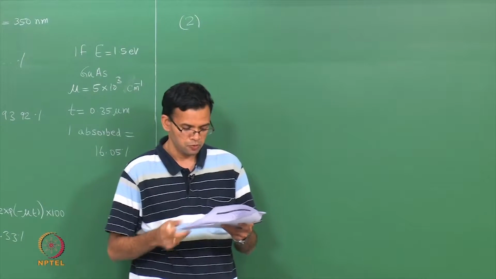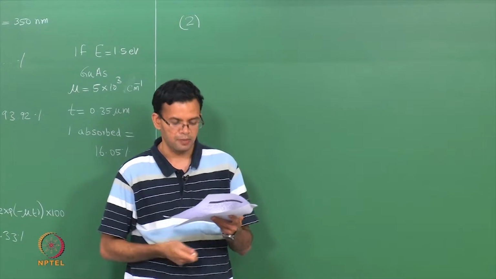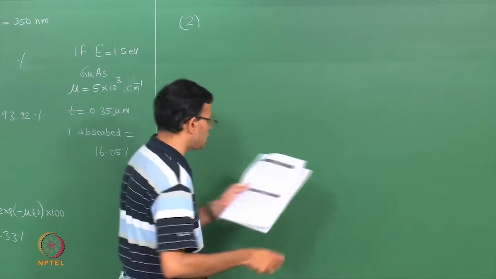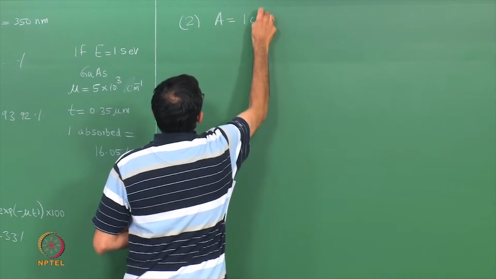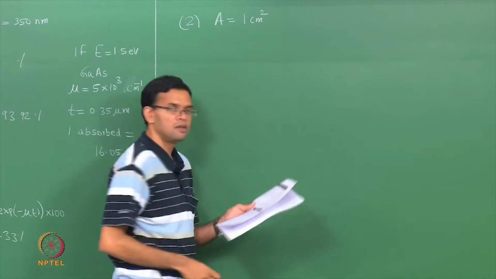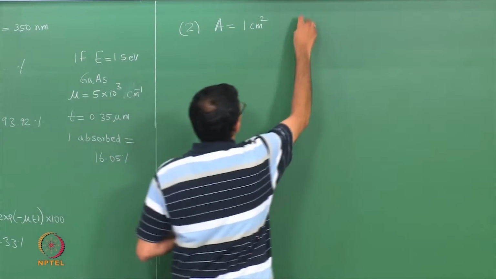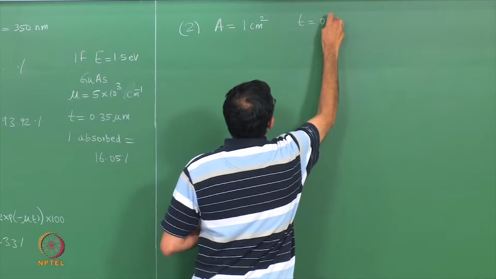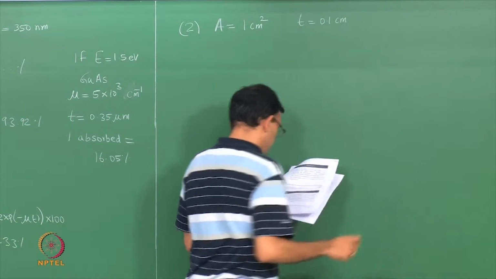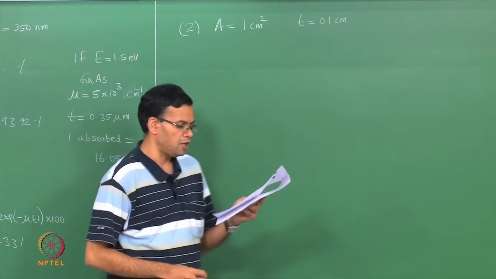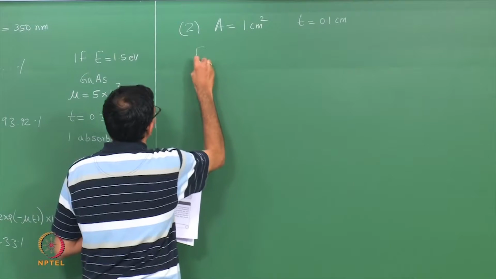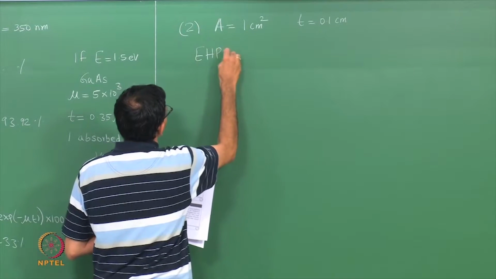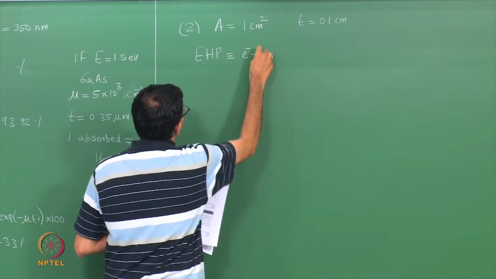In problem 2, we have a sample of a semiconductor, the cross sectional area A is 1 centimeter square and the thickness is 0.1 centimeters. So, we want to find out the number of electron hole pairs, EHP, is nothing but electron hole pairs.